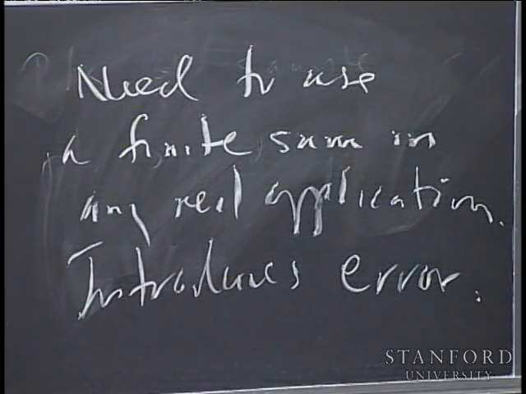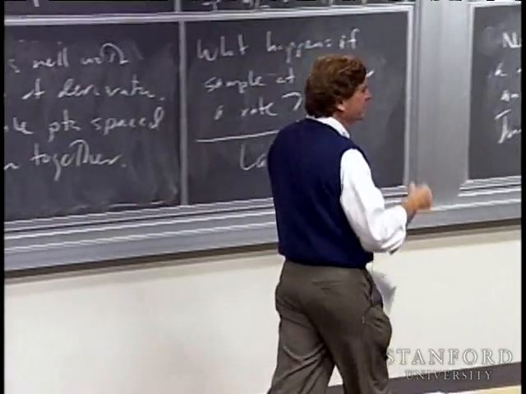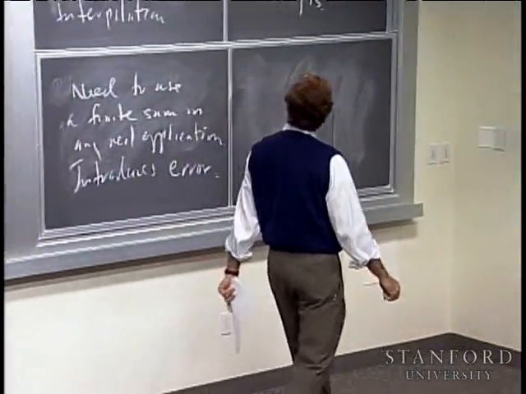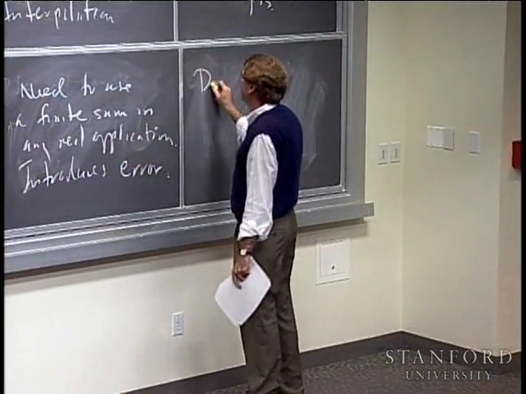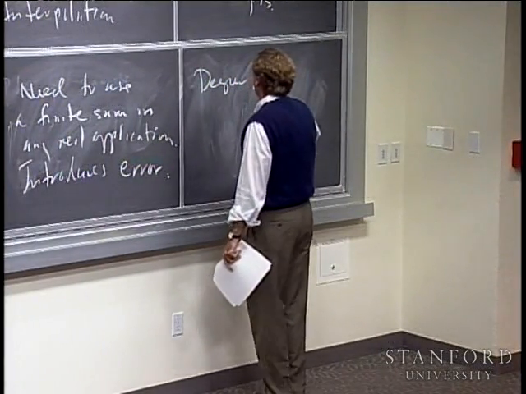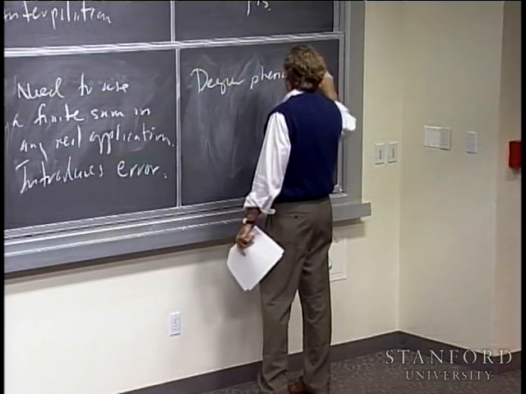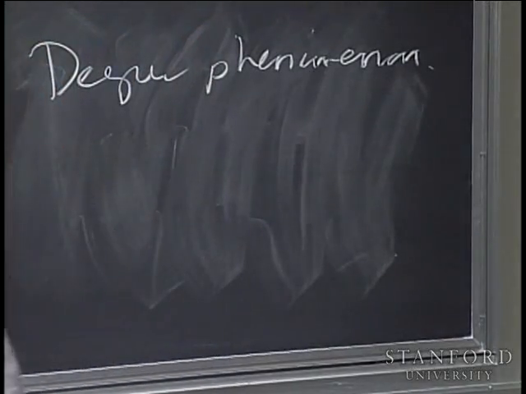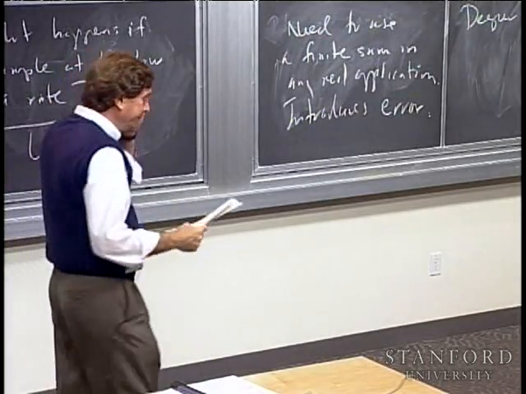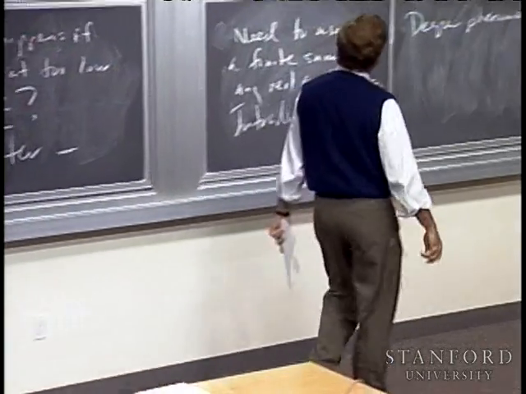That's one thing. But actually, there's something deeper going on here. This is a deeper phenomenon that's related to the fact that you have an infinite number of samples. Let me state it as follows: a signal cannot be both time limited and band limited.